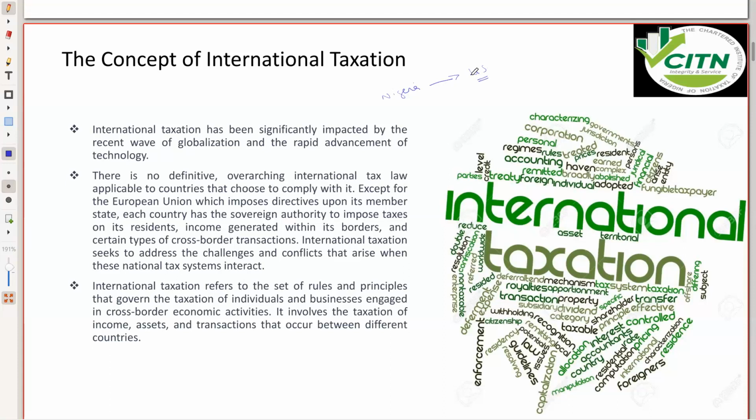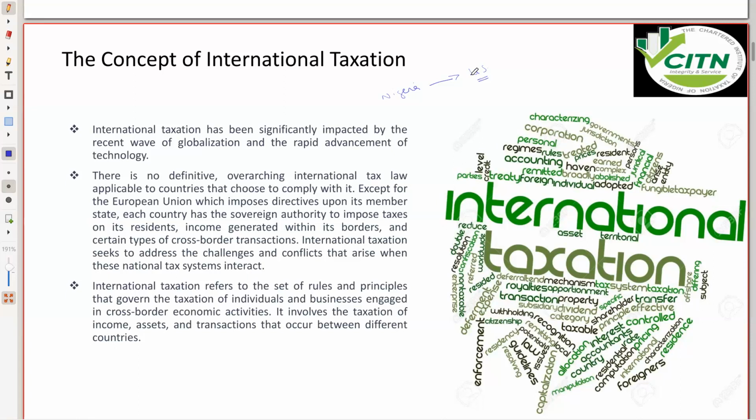One of the key issues about cross-border transactions is that there is no single rule that guides all of them. In other words, there's no single rule that says, if I am in the US and I am doing business in, say, Ghana or Nigeria, these are the specific tax rules I will comply with. There are no definitive international tax laws that apply to every country.